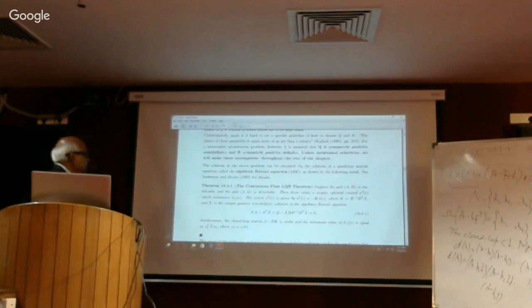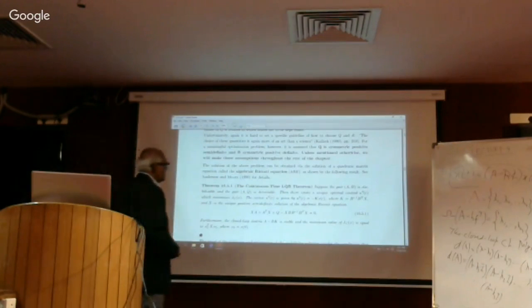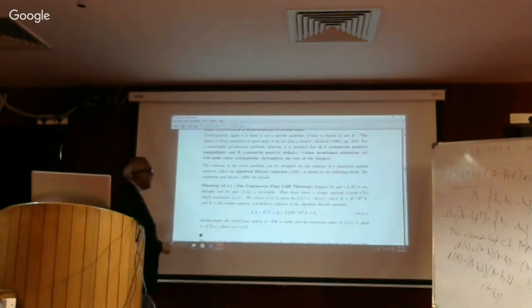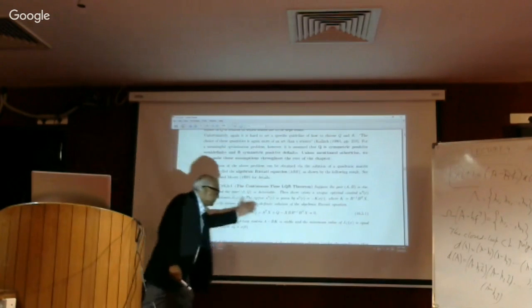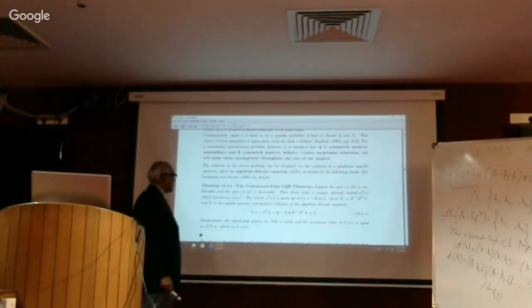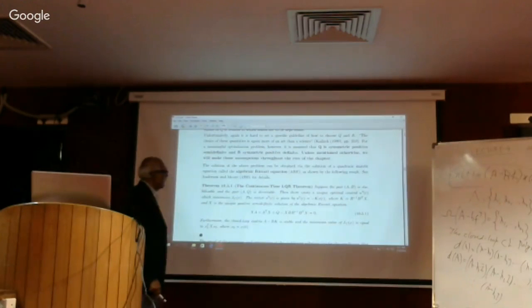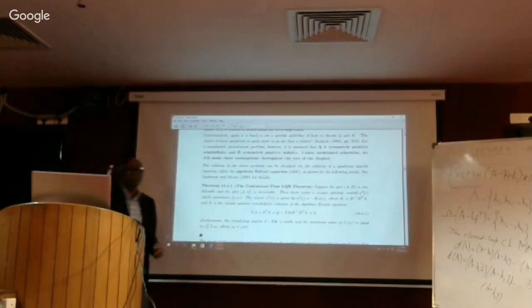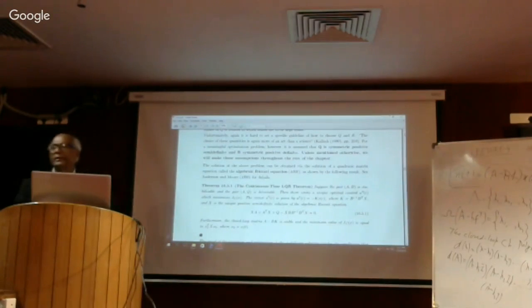So the theorem says that if the matrix K is computed as R inverse B transpose X, where X is the solution of the Riccati equation, then this control vector u is such that the quadratic cost function will be minimized and the matrix A minus BK will be stable.